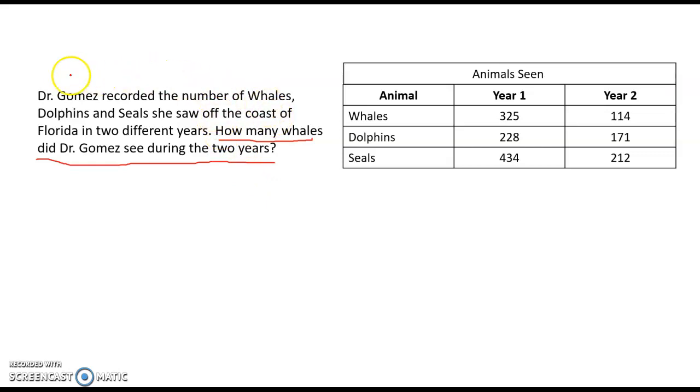Okay, well, I'm not seeing any information in this actual word problem that's going to help me, but if I look at the table, it shows me how many whales she saw in year 1 and year 2. Okay, remember we're only focusing on whales, so this information is extra information that we don't need to solve this problem.